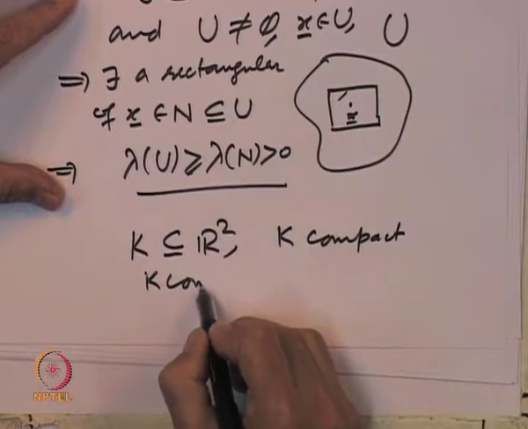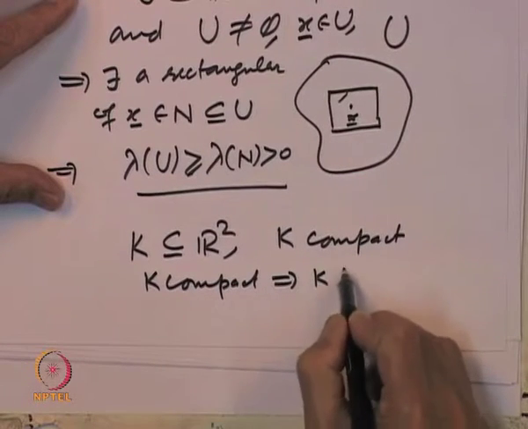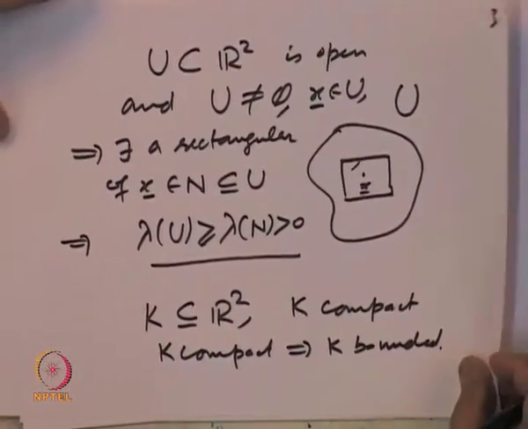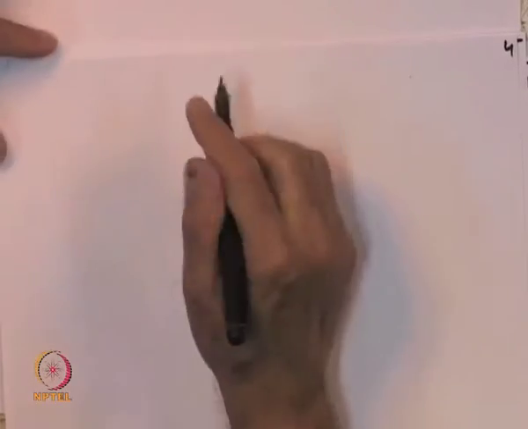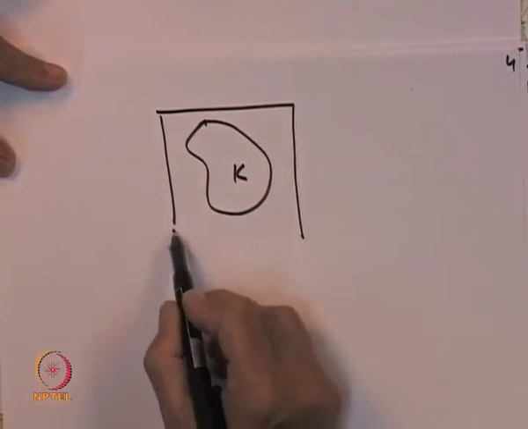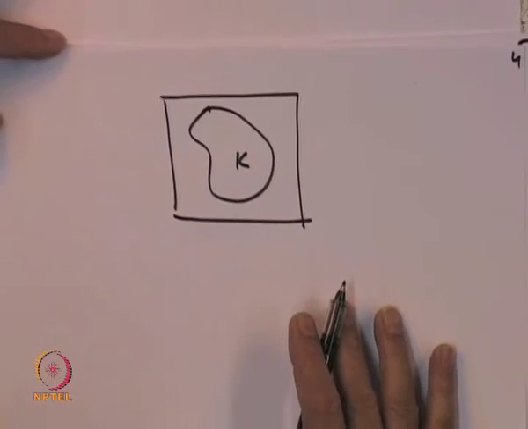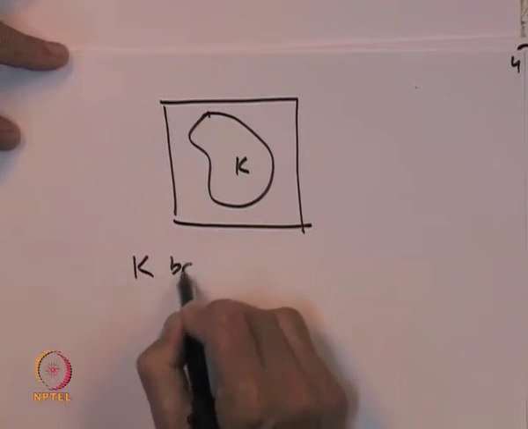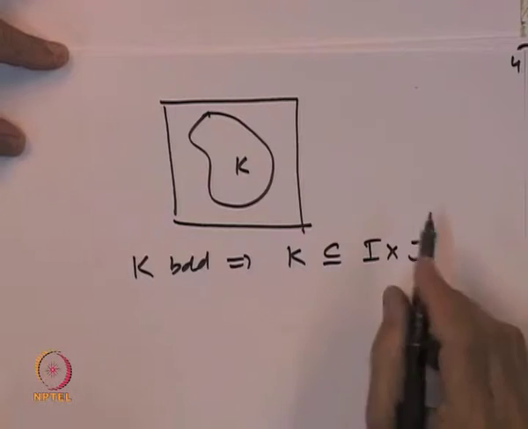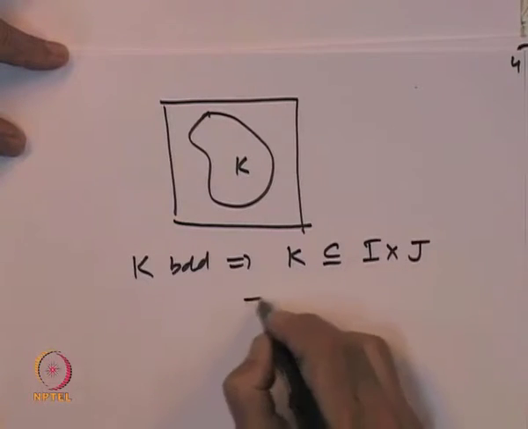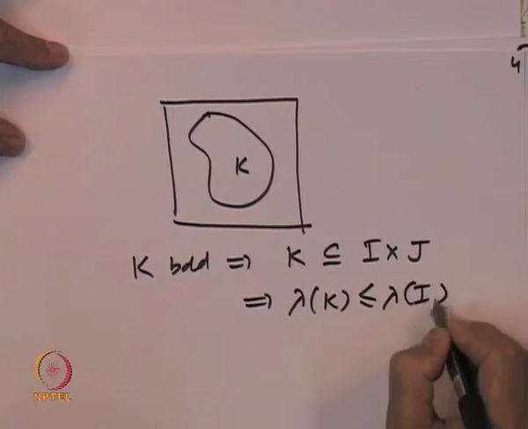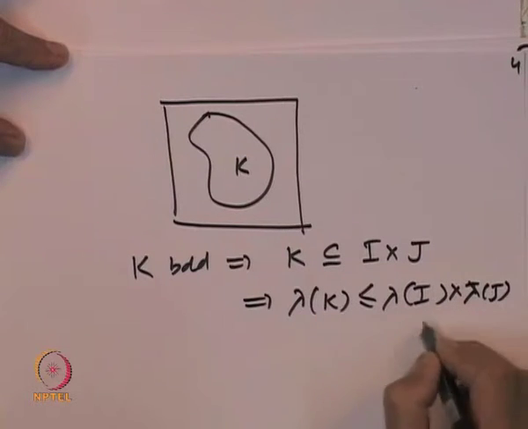So, K bounded implies K is inside some I cross J, with I and J finite intervals. So, the Lebesgue measure lambda R 2 of K will be less than lambda of I cross lambda of J, which is finite.